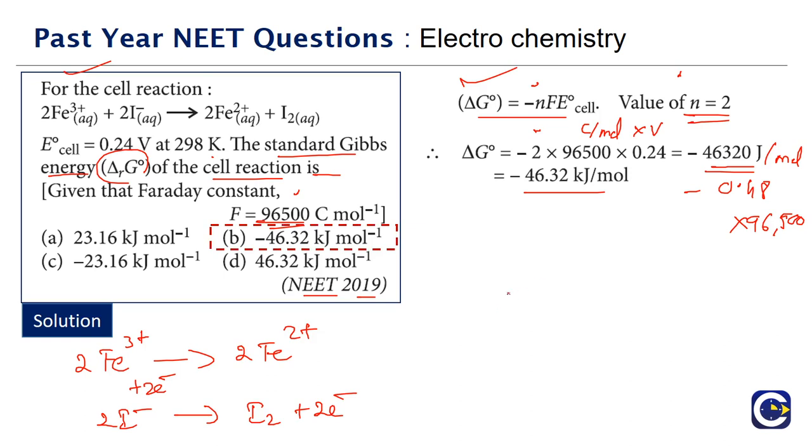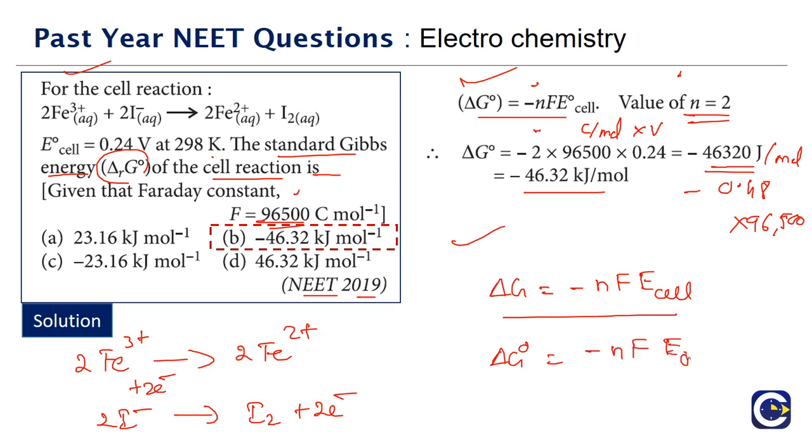Even for the relation between ΔG and E cell at different conditions, the formula will be just similar. Wherever we are measuring, ΔG will be equal to minus nF E cell. Standard conditions means ΔG0 is equal to minus nF E0.